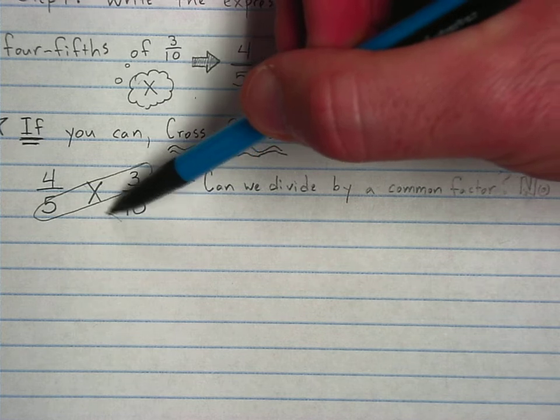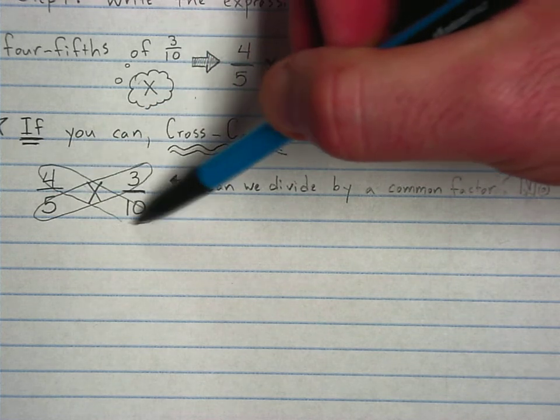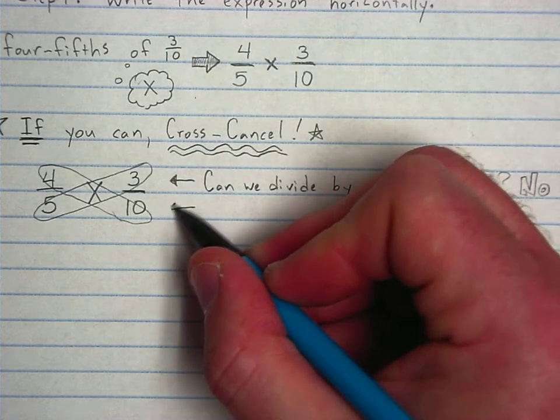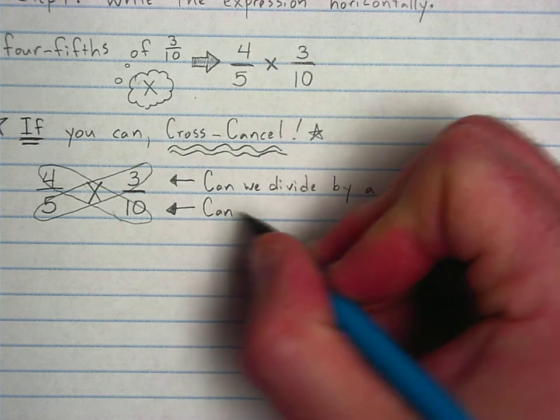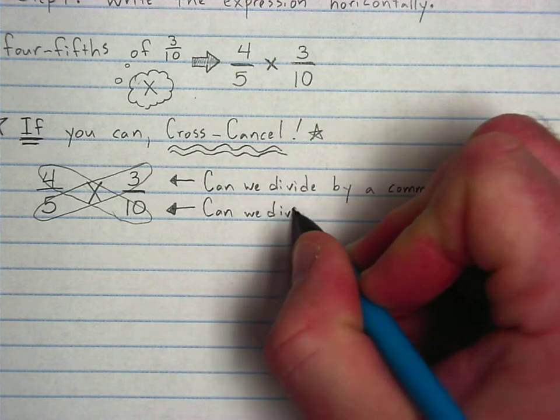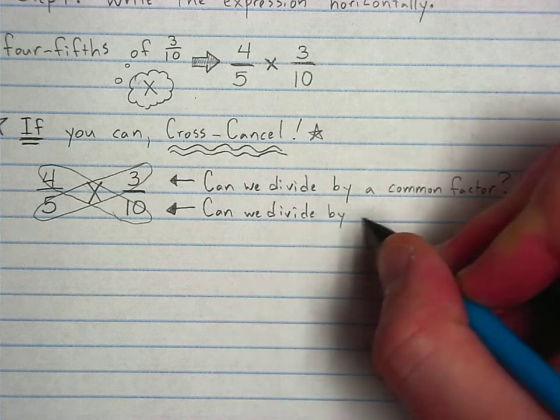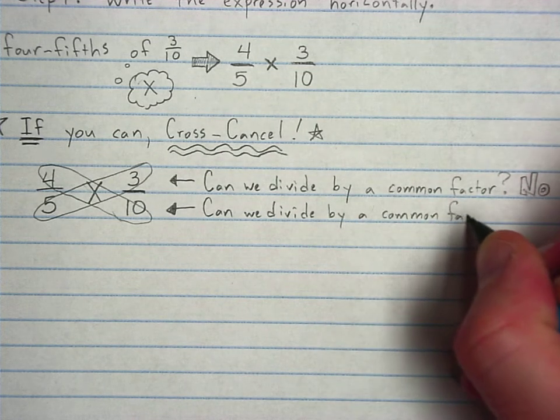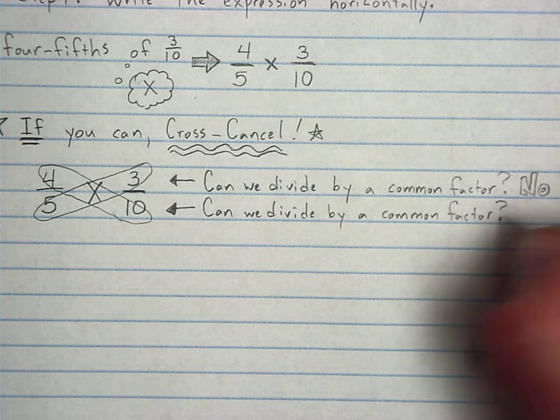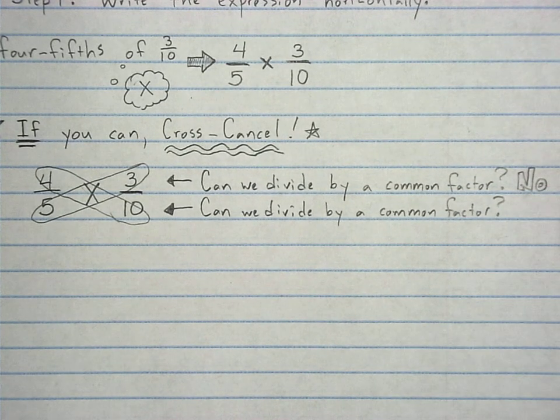Now, if I look at my other diagonals, I ask the exact same question. Can we divide by a common factor? This time I get a slightly different answer. Hopefully you're looking at 4 and 10, realizing they're both even numbers.